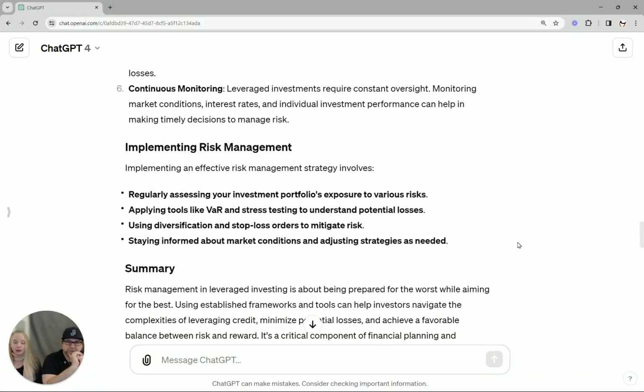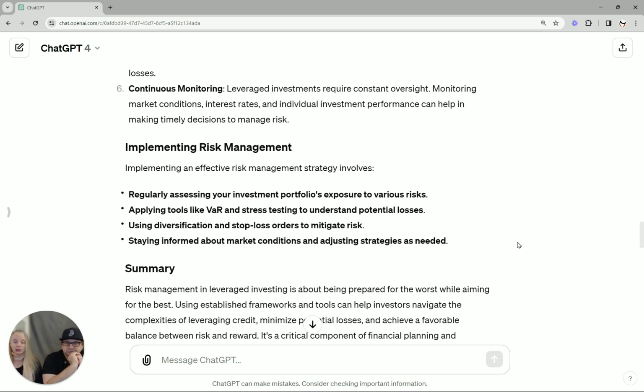Implementing risk management: assessing your investment portfolio exposure to risks, applying tools like VAR and stress testing under potential losses, using diversification, and staying informed about market conditions. So these are just some quick overviews on this. This can be a whole other mini session in itself.